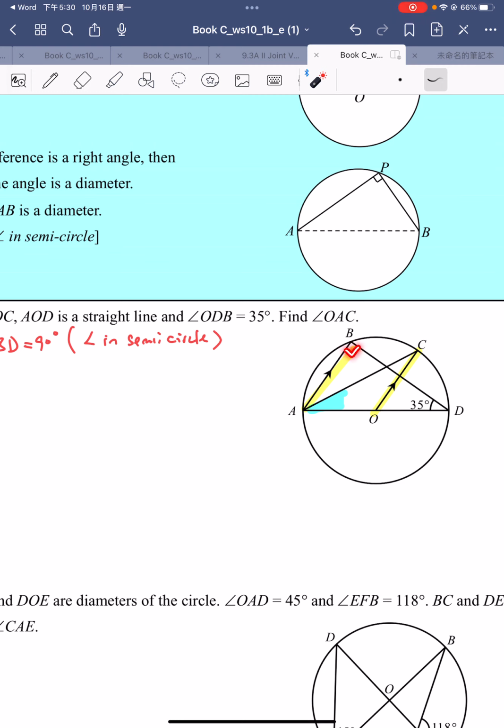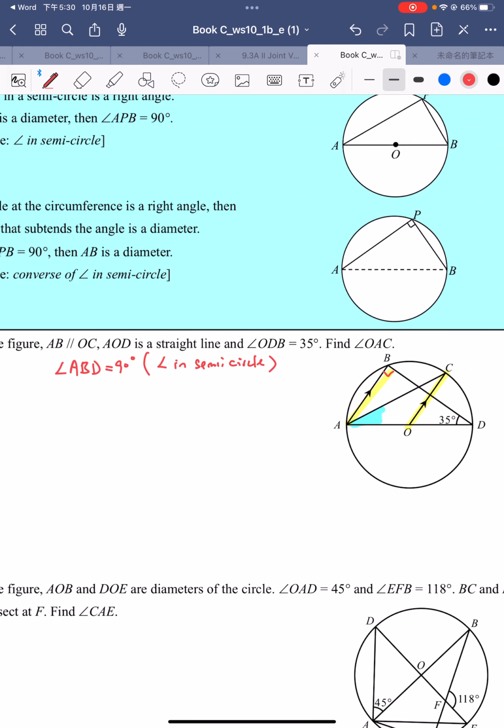If this is equal to 90 degrees, then in this triangle ABD, you can find the angle BAO, because the angle sum of a triangle tells us that this angle plus the right angle and the 35 degrees will give you 180 degrees.